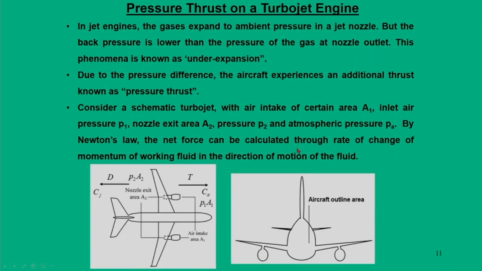Now, moving further, we are going to discuss the pressure thrust on turbojet engines. In the previous lecture we discussed pressure thrust, but that concept was different in the sense that there we defined three pressure ratios: nozzle pressure ratio, ram pressure ratio, and we found non-dimensional thrust coefficients as a function of nozzle pressure ratio.